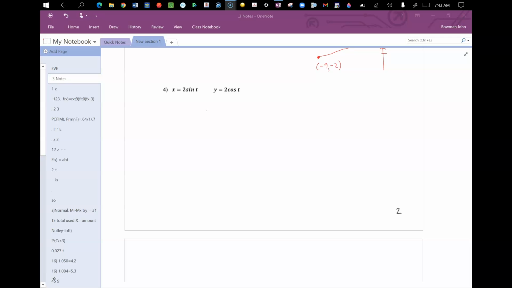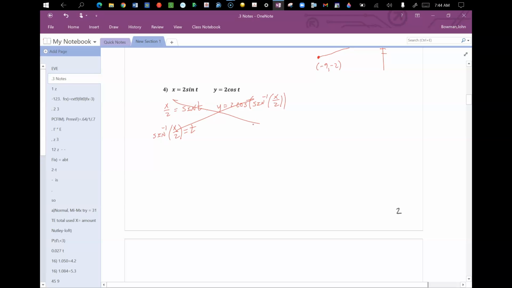If you were to try and solve one of these equations for t, like the x equation, you would have x over 2 is equal to sine of t, and therefore inverse sine of x over 2 would be equal to t, which we would then try to substitute into the y equation, and we would have y is equal to 2 cosine of inverse sine of x over 2, which gets really complicated, and so we're not going to do that.